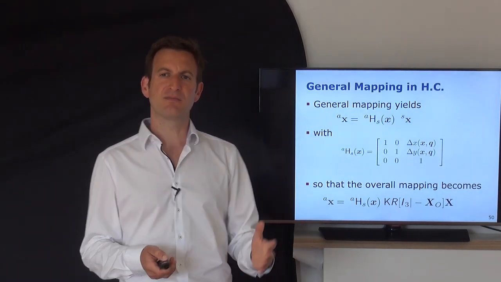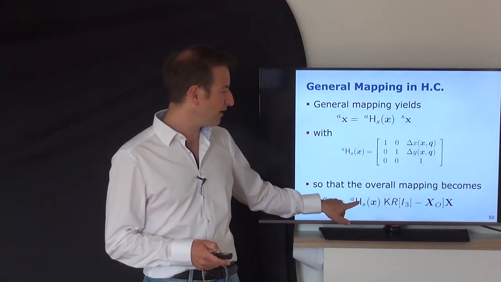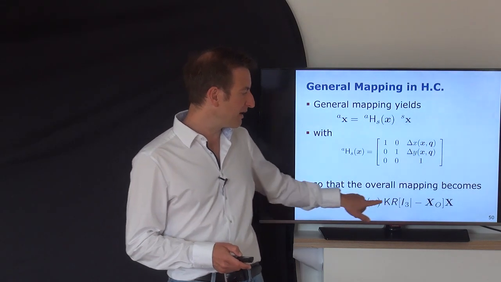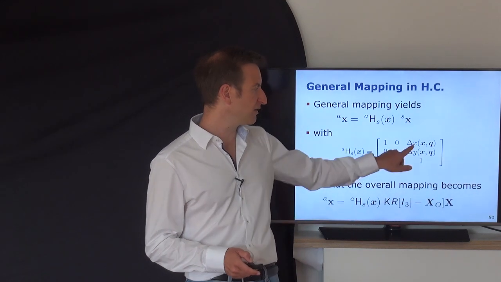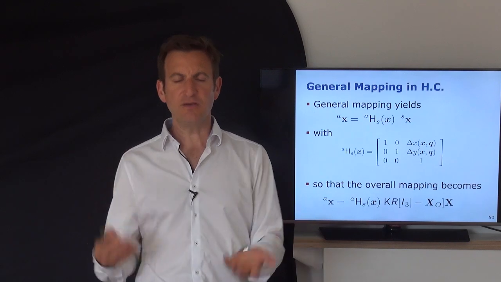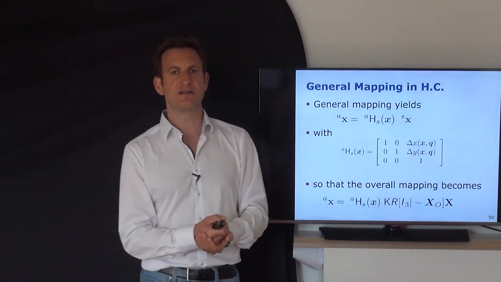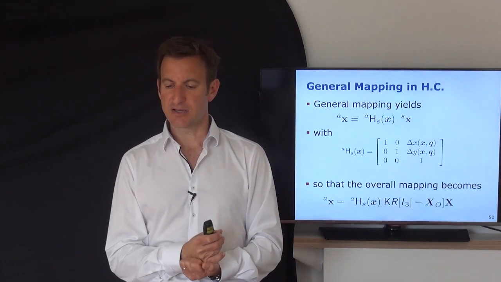And I can multiply this matrix to the left-hand side of my overall mapping that I designed so far. Then this mapping takes into account that there are nonlinear errors in the process, and they are compensated through this pixel-dependent shift. So this basically means I'm executing my transformation with my linear model and then doing some fixes in the end for those nonlinear errors.